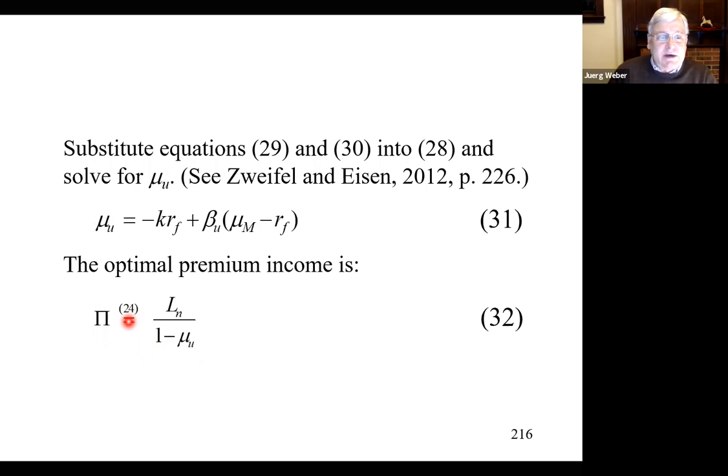What we see here is that the optimal underwriting return again involves a risk adjustment, which is given by the beta u. Underwriting is risky. The underwriting business of the insurance company is risky if we have a close co-movement between the underwriting return and the market return, because this market risk cannot be diversified away.